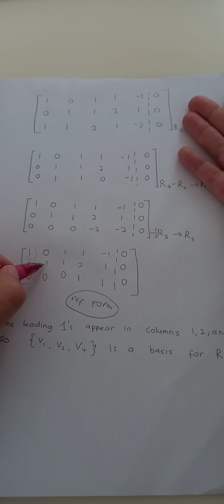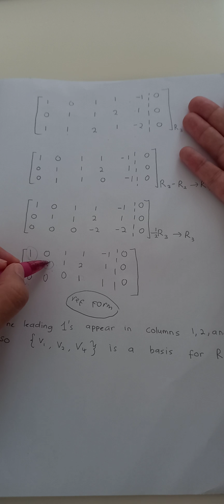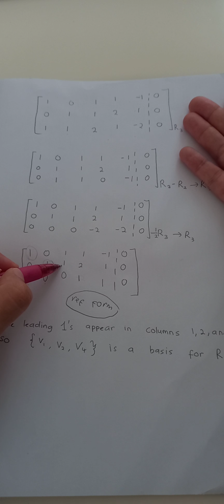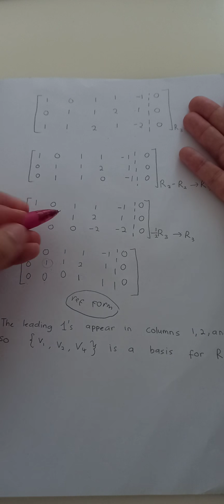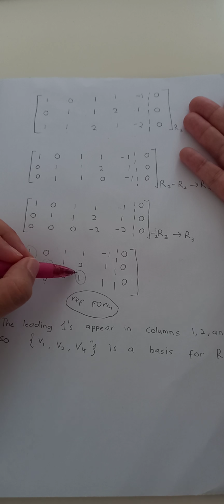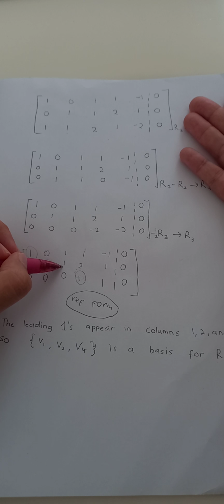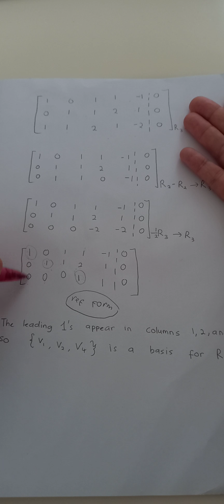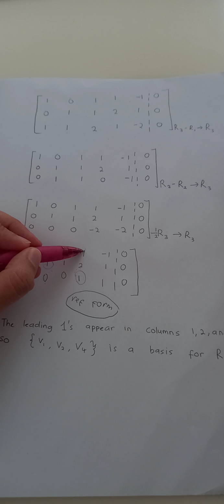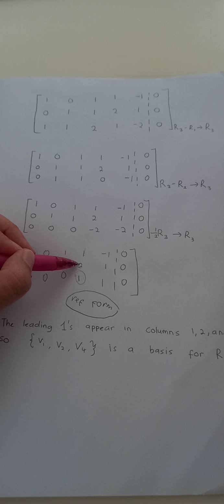For the next one, the leading one is here, and other than the leading one in its column, all are 0. For this one, is it a leading one? No, the leading one is here. Whether RREF or REF, below the leading one must be 0. But if above the leading one there is a value, no problem. That is REF.